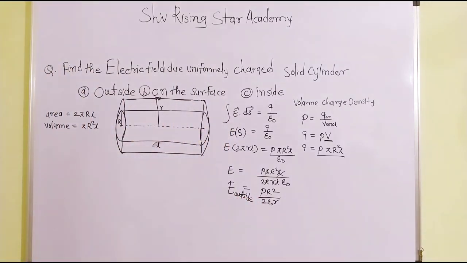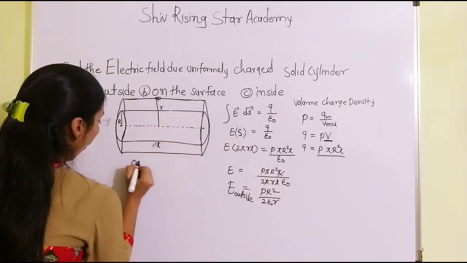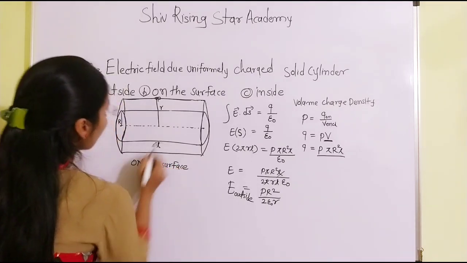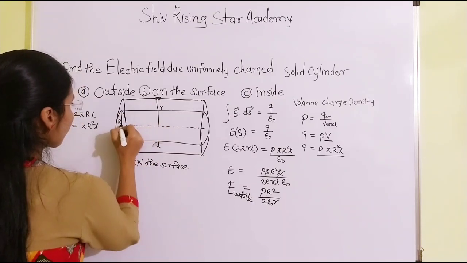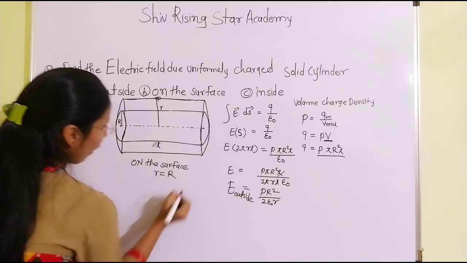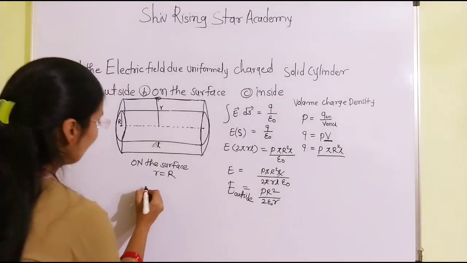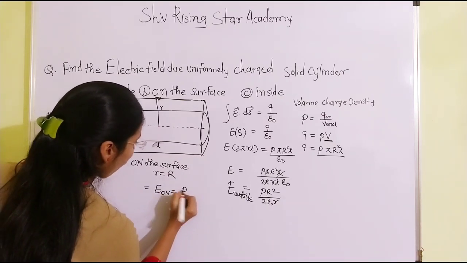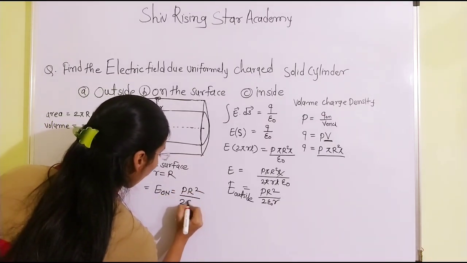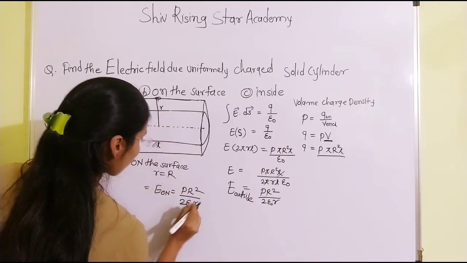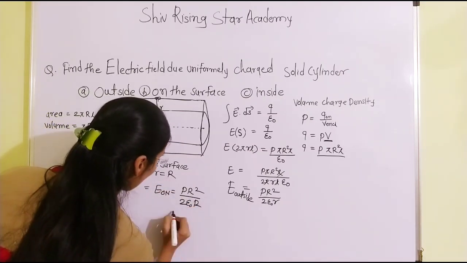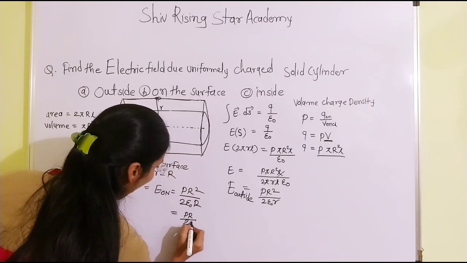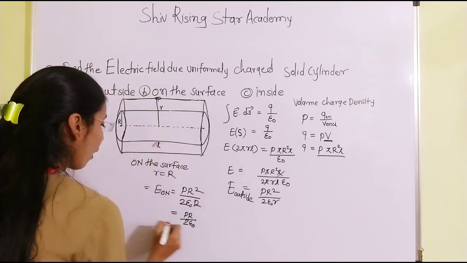Now the electric field on the surface of the cylinder. On the surface, small r becomes capital R, so r is equal to capital R. So here we can write E on the surface is rho R square by 2 epsilon naught R. One R gets cancelled, so it is rho R by 2 epsilon naught.